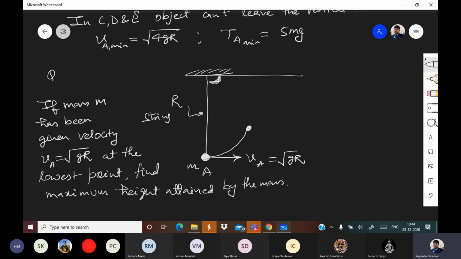So let us find where it is. So obviously at that point velocity will become 0.